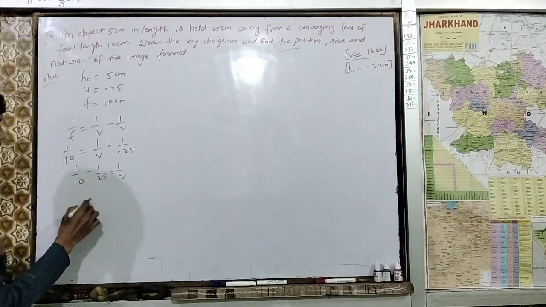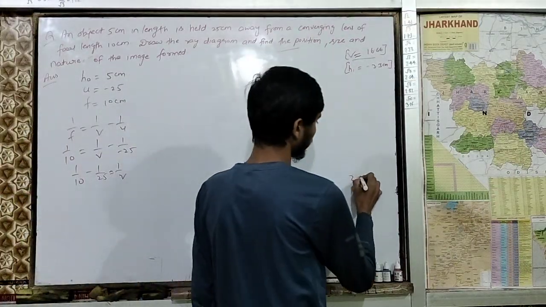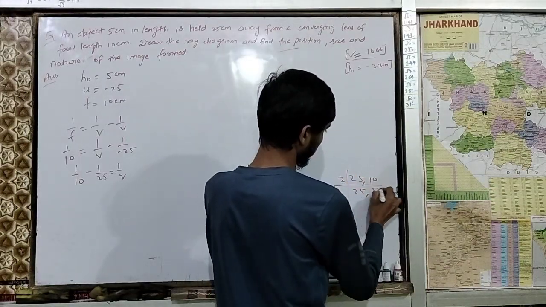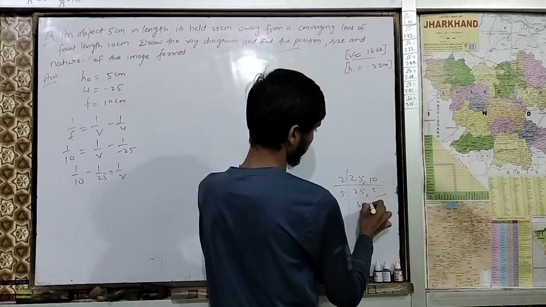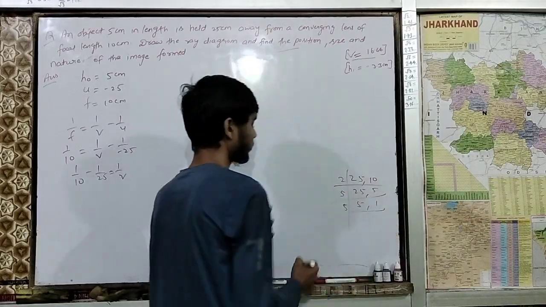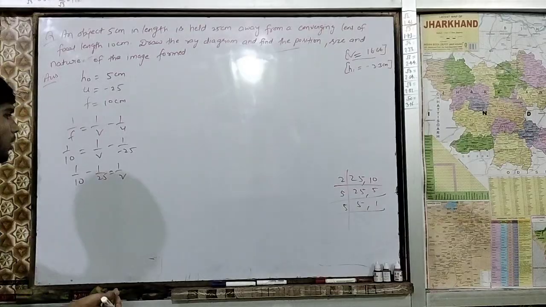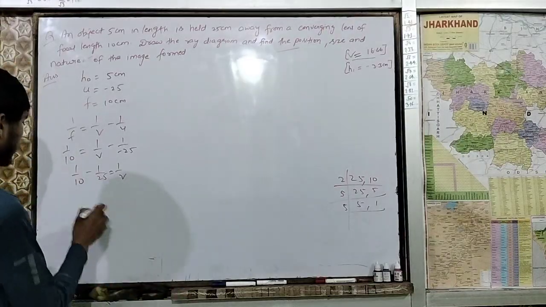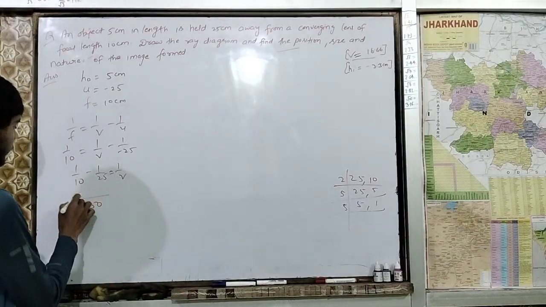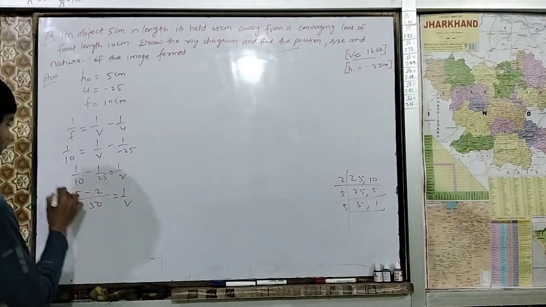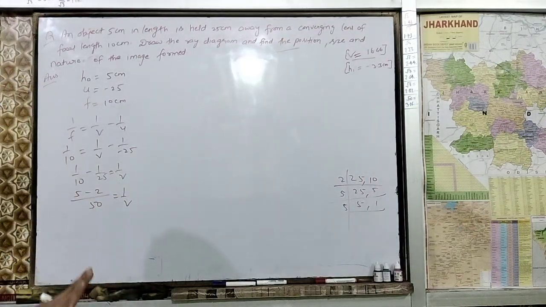Now we have fractions, so the LCM of 25 and 10 is 50. 5 fives are 25, 25 twos are 50. Till here we are crystal clear.